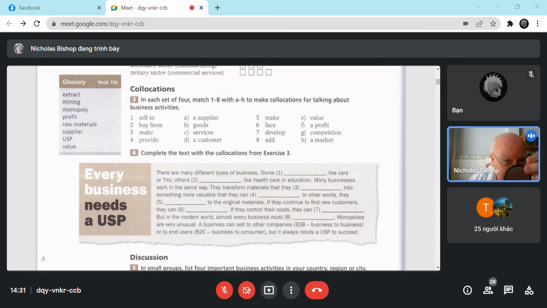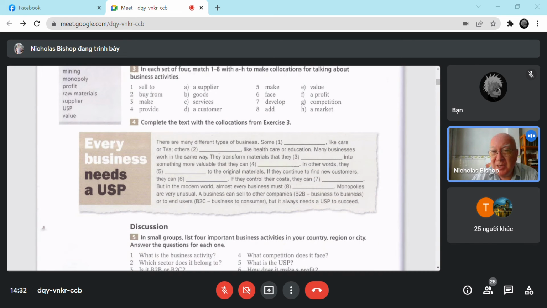So the 8 things, just to recap, are: sell to a customer, buy from a supplier, make goods, provide services, make a profit, face competition, develop a market, and add value. Those 8 collocations need to go in these 8 spaces.